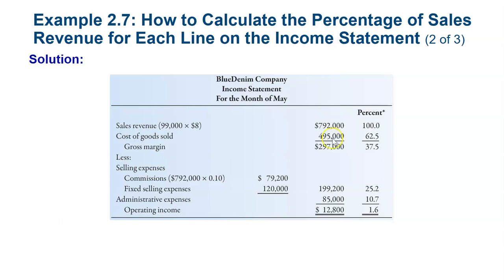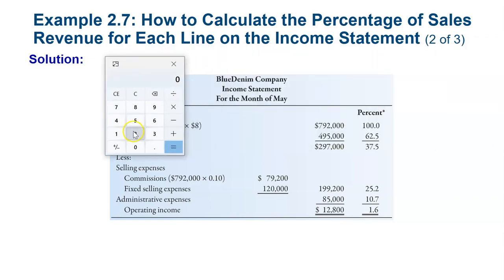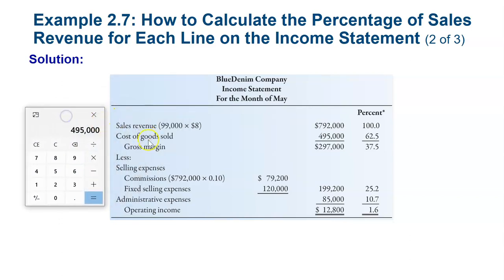But notice, we can go up and down with cost of goods sold. And so if we were to take $495,000, move that over here as our numerator, cost of goods sold is the numerator, divide that by sales revenue, 792,000, we are in fact going to get 62.5%.